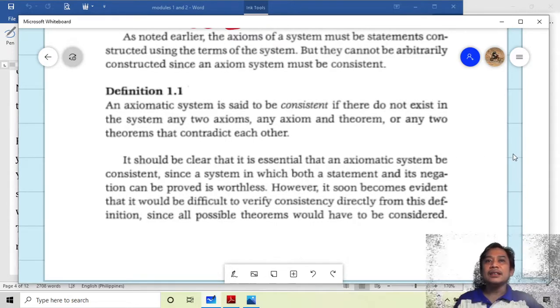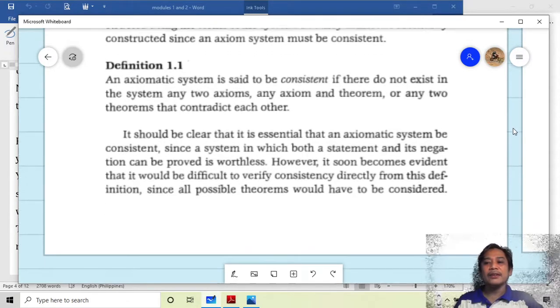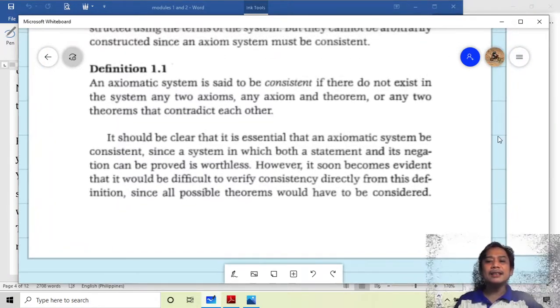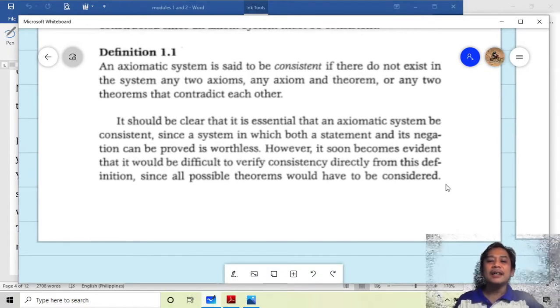Meaning that the truth of one must not imply the fallacy of the other. Okay? But it doesn't mean that the truth of one should imply the truth of the other. That doesn't mean that way. It only means that if one is true, then it should not follow that the others are false for the system to be consistent.